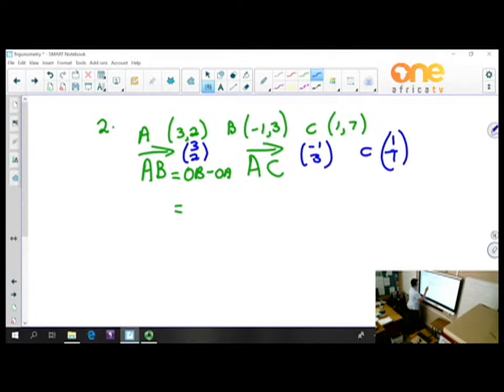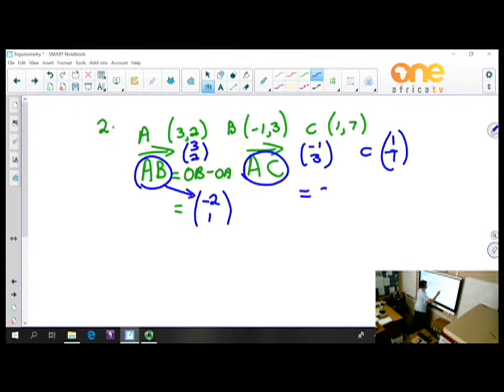So to find AB now, it's OB minus OA. So negative 1 minus 3 is negative 2. And 3 minus 2 is 1. So this is the vector AB. Now we want to find AC.